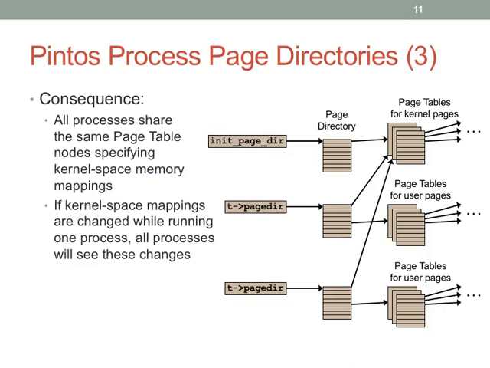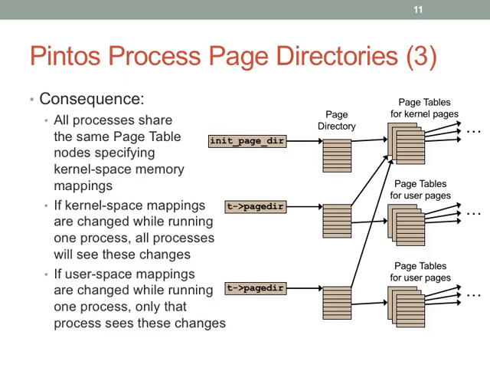But, of course, if one process adds another user page, let's say the stack grows, and so we have to add another page. I should be more specific: you're adding a virtual page backed by a frame into that process's address space. That affects the process-local page table structure in the page directory. It doesn't affect something that everybody sees. Does everybody understand this?